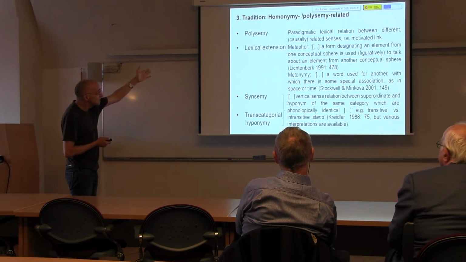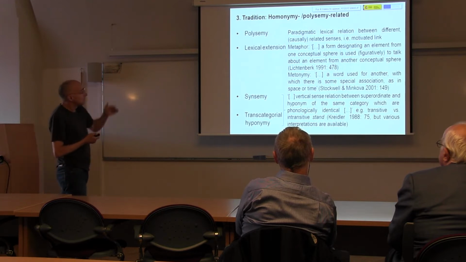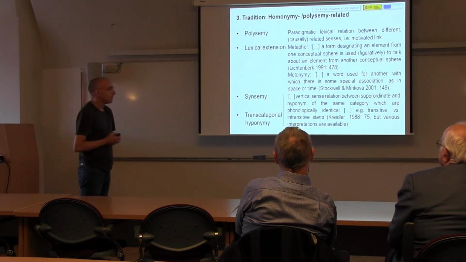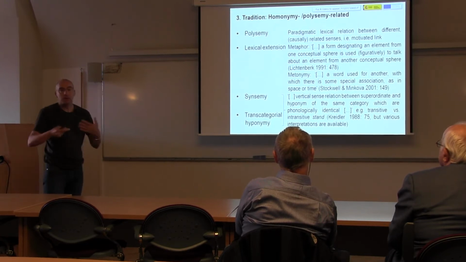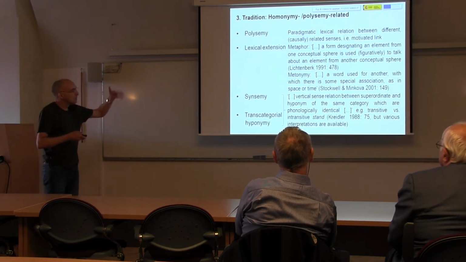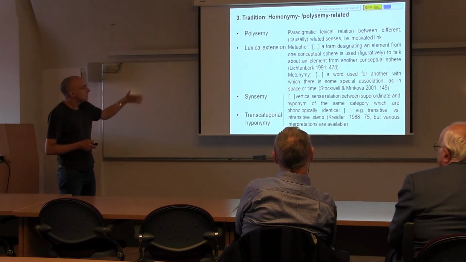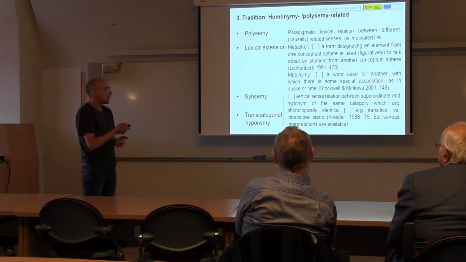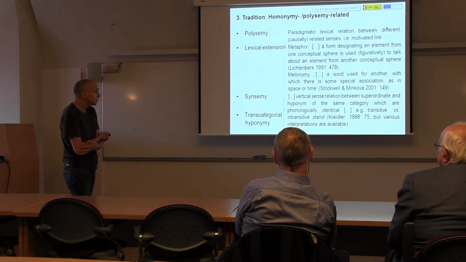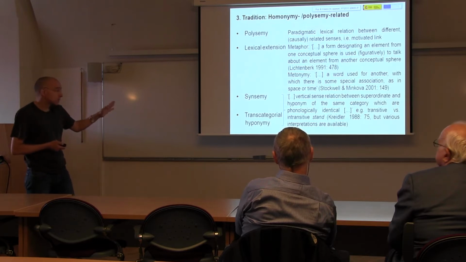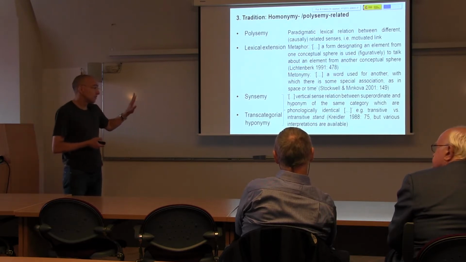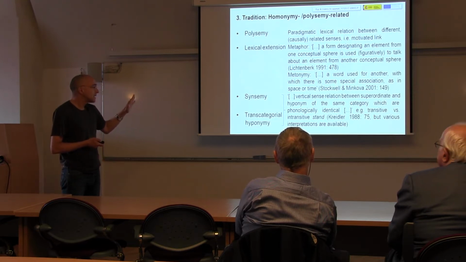Some references cite polysemy for these cases of conversion-related pairs. And then there is the whole group of lexical extension by metaphor, by metonymy, and then also by less frequently cited terms, for example, synsemy or transcategorial hyponymy, which in the literature, it seems to me, have been used for roughly the same cases.